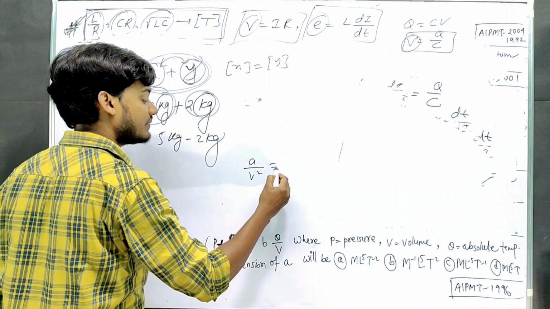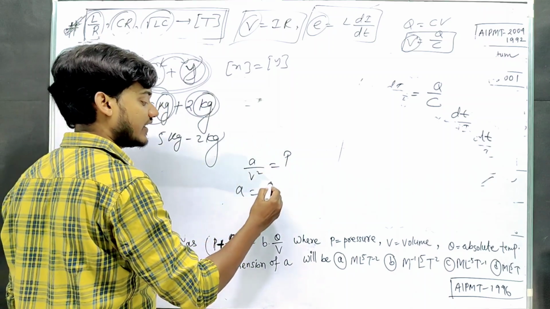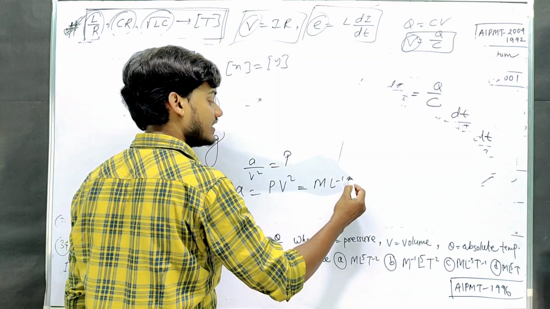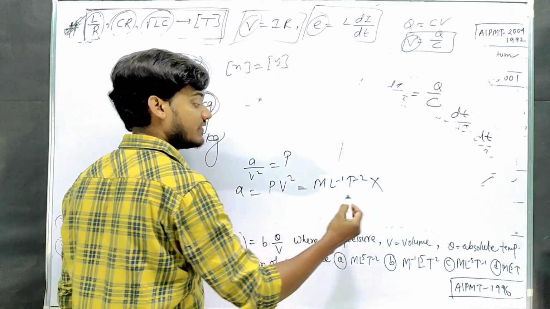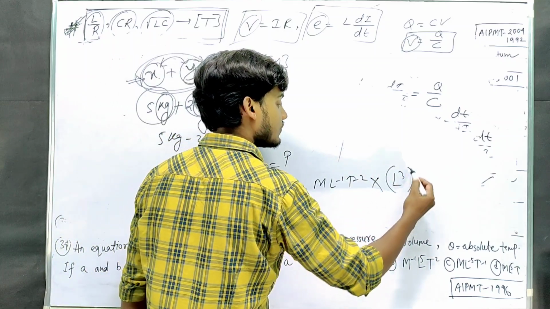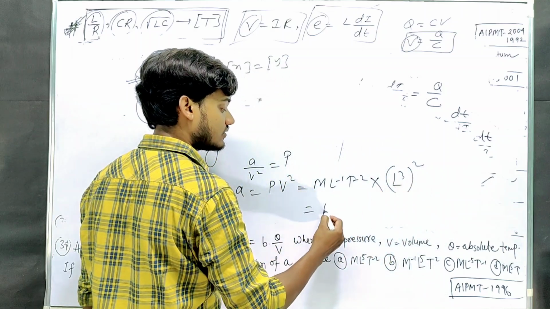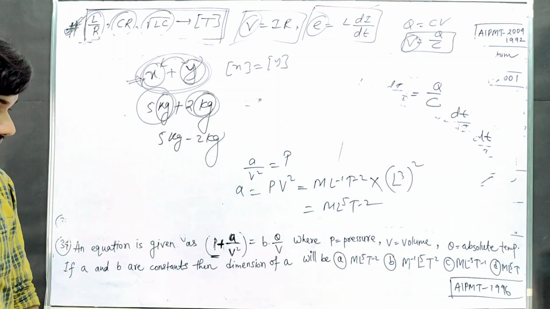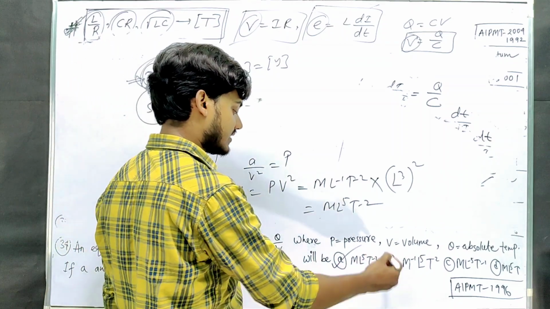So dimension of A would be P V square. Dimension of pressure P is M L inverse T inverse 2. Dimension of volume V is L cube, squared. The 3 times 2 is 6, minus 1, so 5: M L 5 T inverse 2. Option A is correct. Okay.